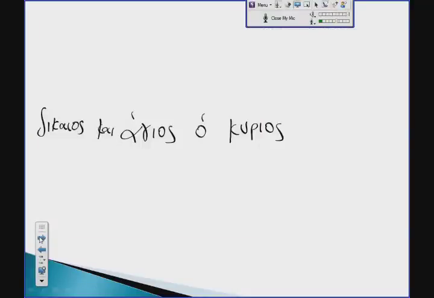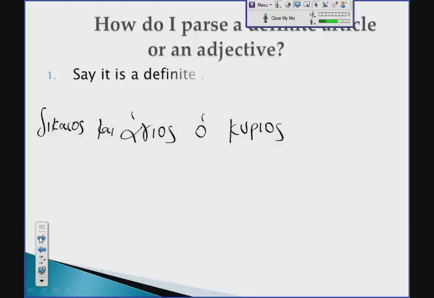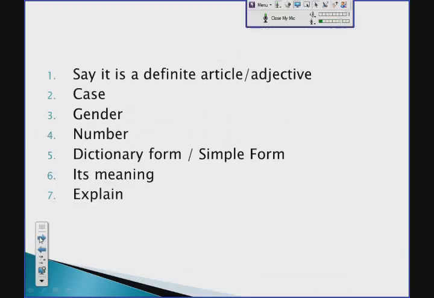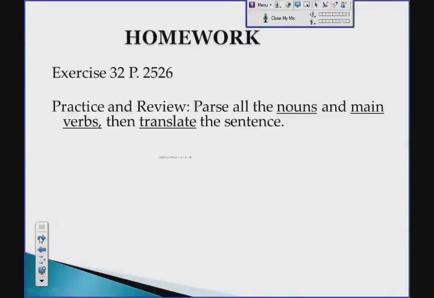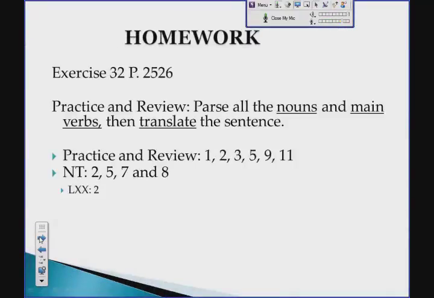Okay, let me quickly do that so you can have the numbers. There are the sentences: sentence 1, 2, 3, 5, 9, and 11. We have done sentence 1 already. Nouns and verbs and adjectives, everything. You can also put adjectives there.